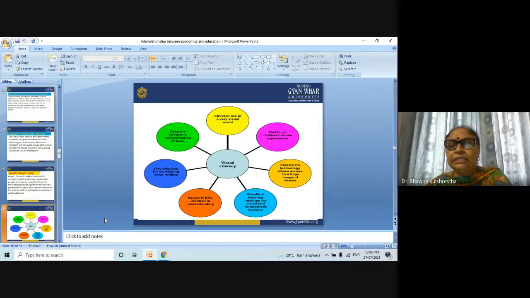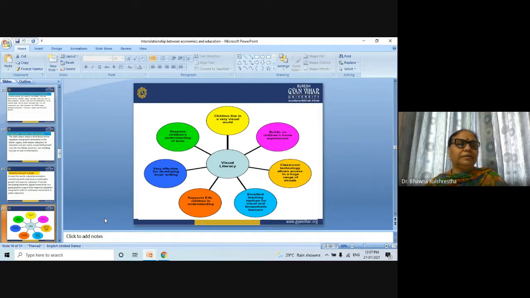And the next, excellent teaching medium for visual and kinetic learners, and the supports EAL children's understanding. And the next, very effective for developing boys' writing and deepens children's understanding of texts. And these are, we see the visual literacy system.